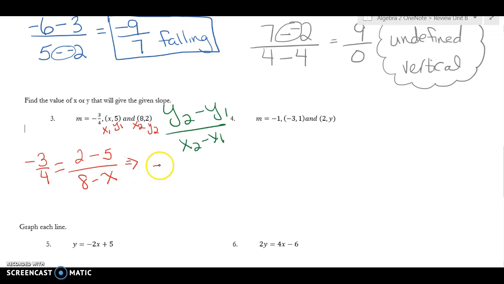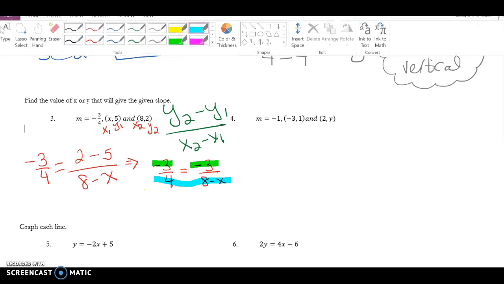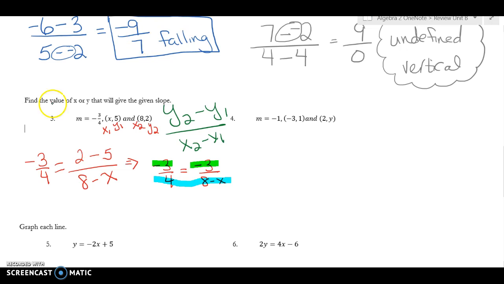So now I have negative 3 over 4 equals negative 3 over 8 minus x. You see how I have the same number on the top here and here. That tells me that my bottom numbers have to be equal, because if the numerators are equal, then the denominators are equal.